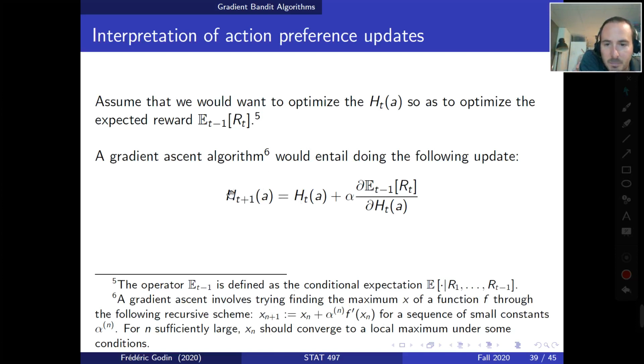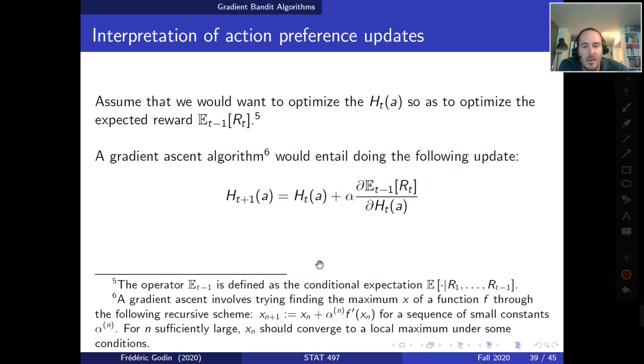The next action preference should be the previous one plus some constant alpha, our step size, times the derivative of the function we'd like to optimize, which is the expected reward, with respect to the action preference. This is what would be entailed by a formal gradient ascent algorithm.